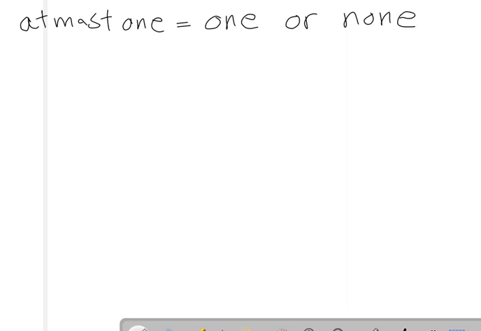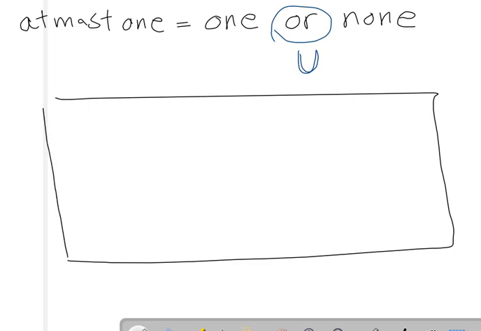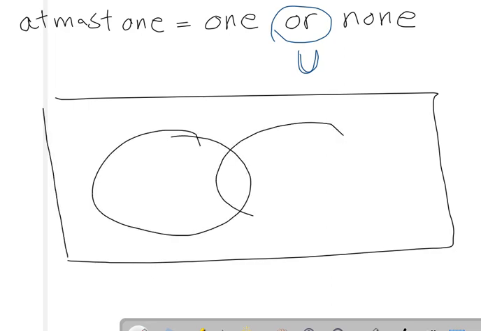Again, or is union. It's car, A. It's house, B. It's both.